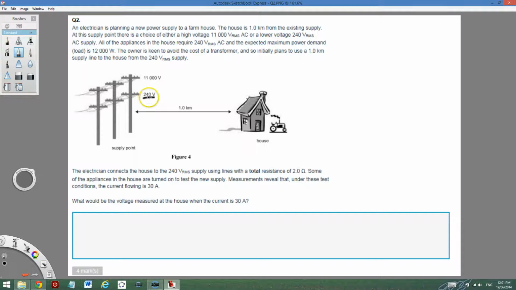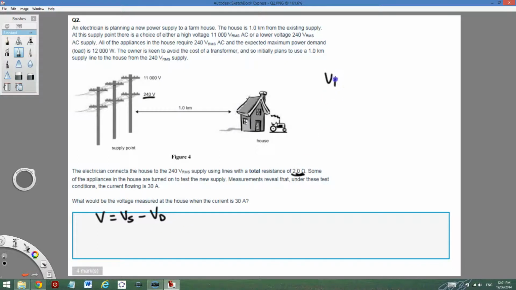Initially, I have 240 volts as a power supply, and the wire has a resistance of this. So the voltage at the house will be basically 240, the voltage at the supply, take away the voltage drop.